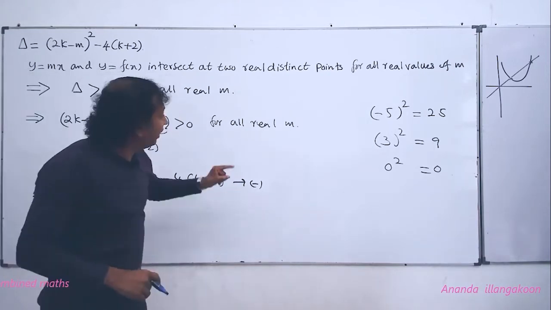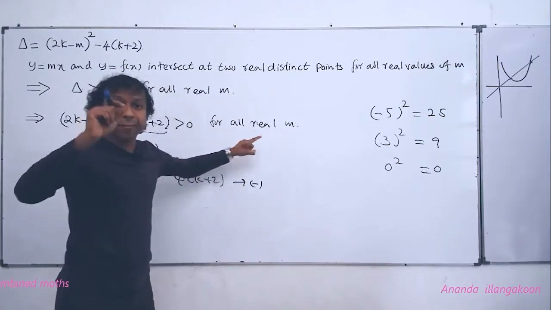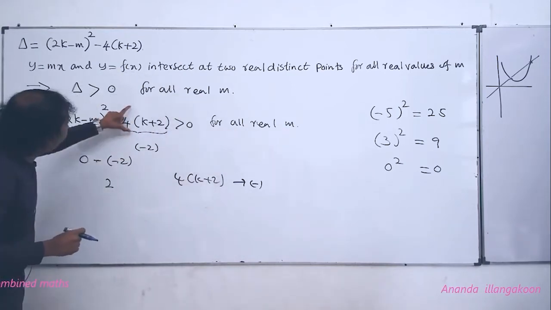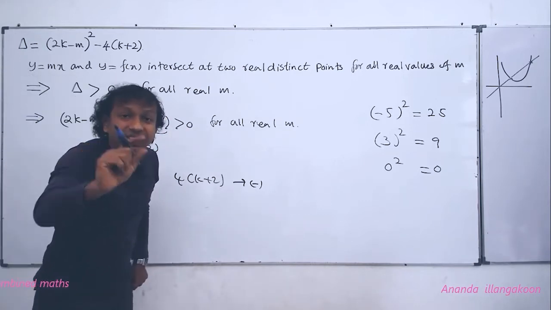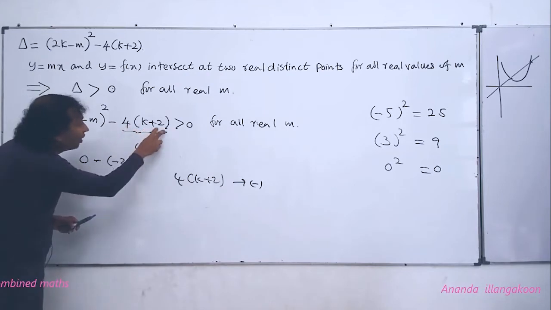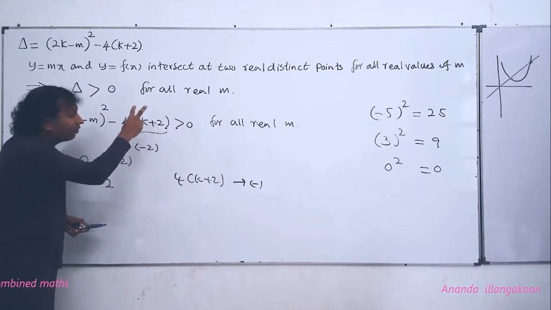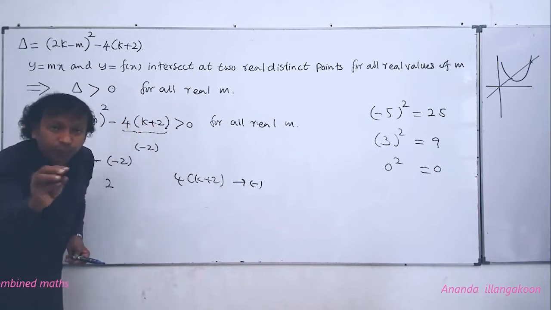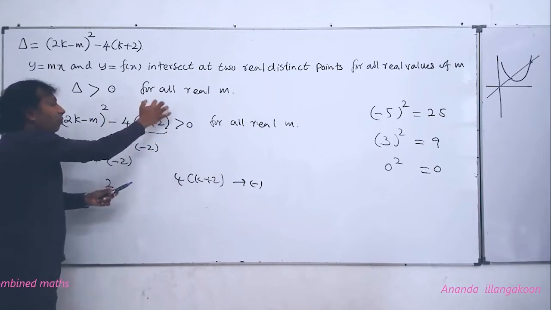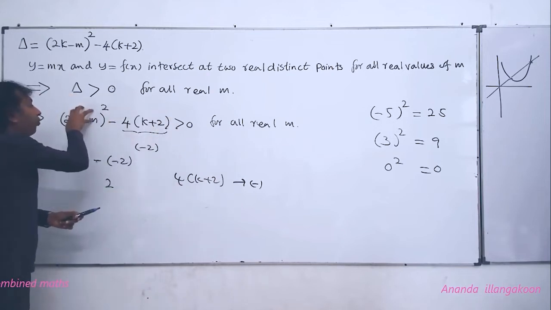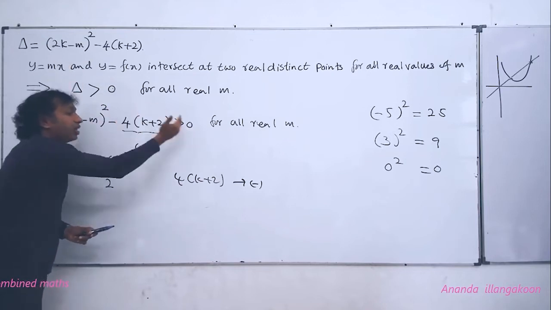Therefore, this is very important. For all real values of m, for this left hand side to be positive, what is the condition? The condition is this 4 times k plus 2, or k plus 2. In other words, if the answer of k plus 2 is negative, that negative and this negative together give positive, this is positive, positive plus positive is positive, and if this is 0, 0 plus positive is still positive.